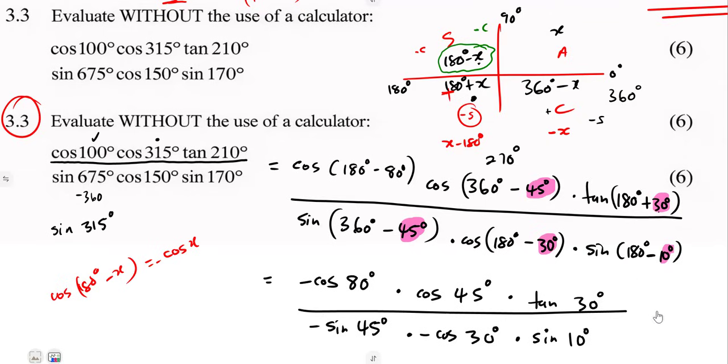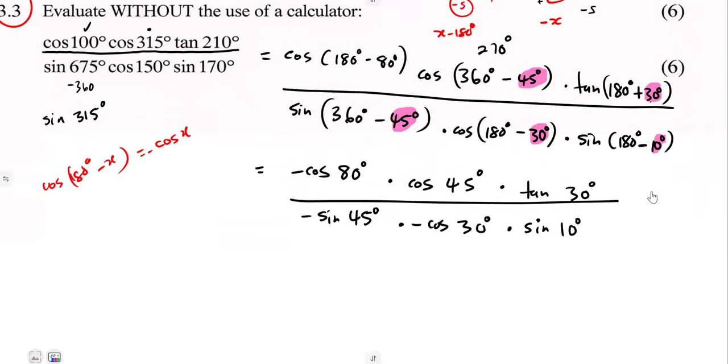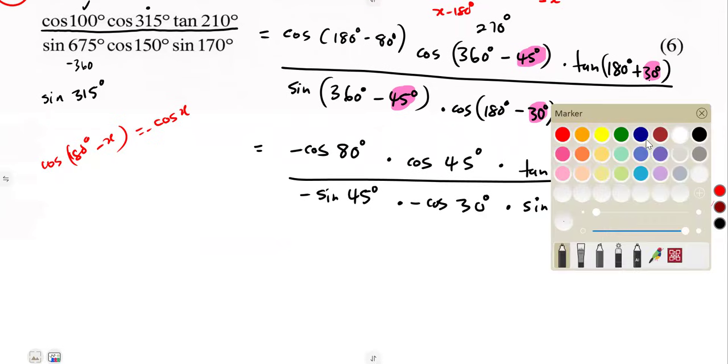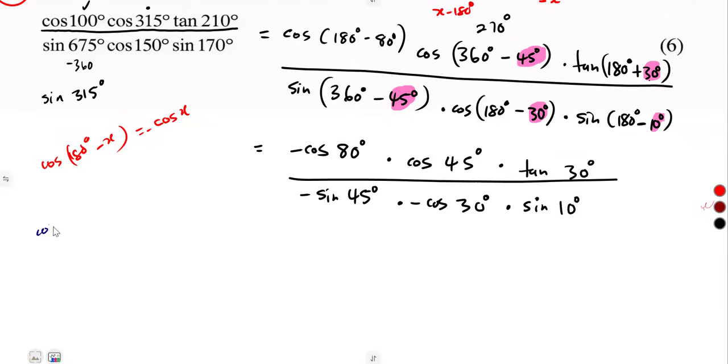All right. Remember, guys, from our special angles, sine 45 and cos 45, they are the same in terms of the values. So we can simply cancel those two. We do understand that they are the same. Yes, you can substitute their equivalent from our special angles. We know this is square root of 2 over 2. So they are just the same.